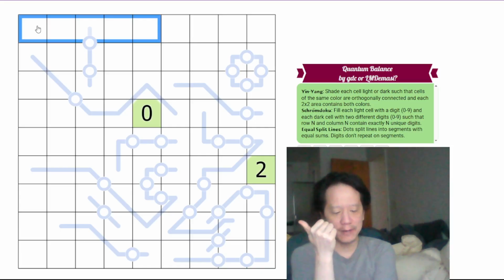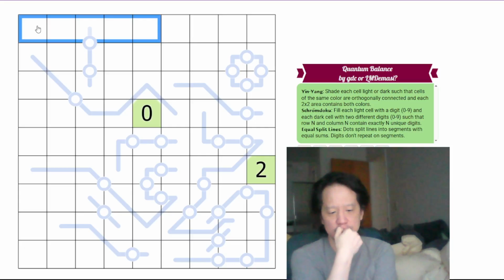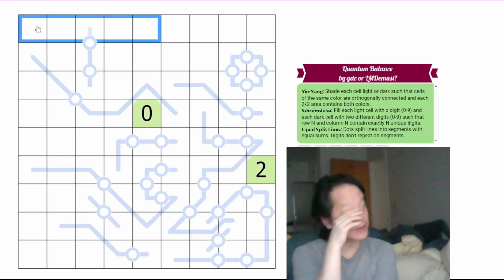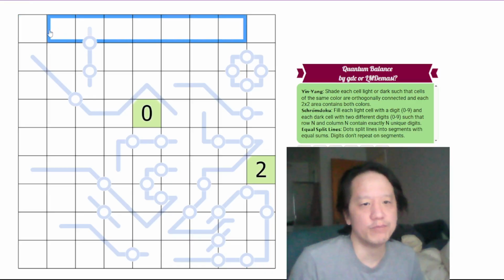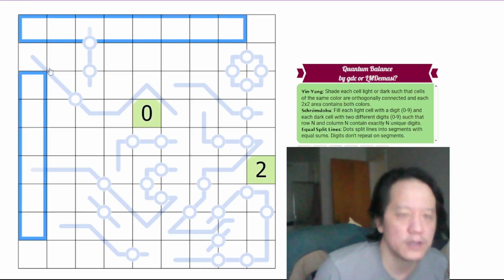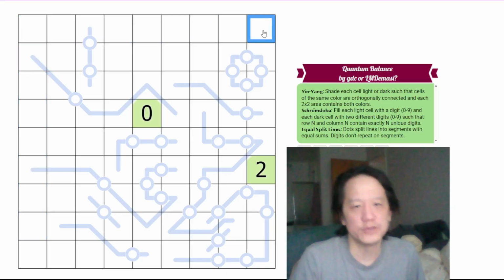That's 20 minus 1. So we are guaranteed we have to have 19 digits in row 1 at least. And it could be more. So I think that means we have to have blue all the way here. And it could extend further. This could be blue here.